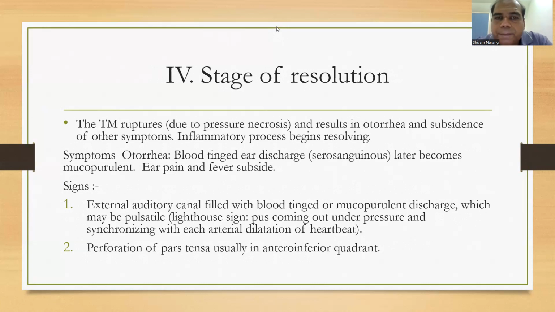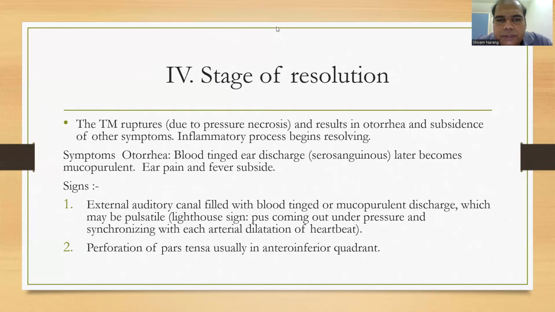But for that, this is known as the stage of resolution, because all the signs and symptoms of the patient subside when this stage starts. The TM ruptures due to pressure necrosis, as I've told you, a yellow point is formed.